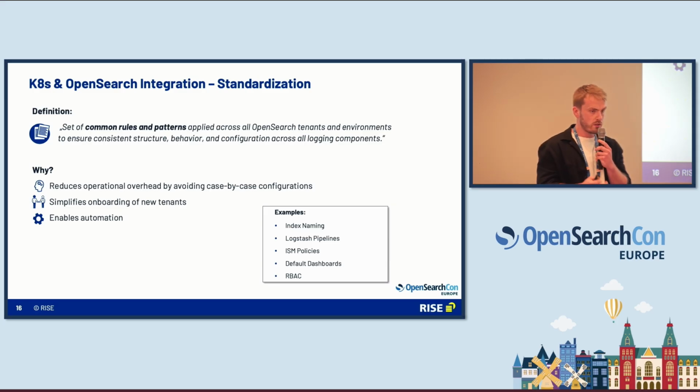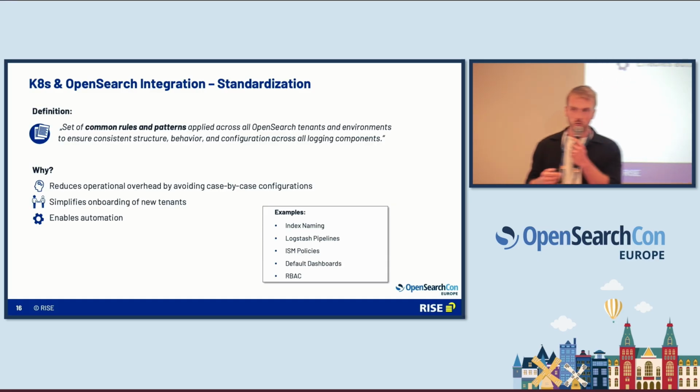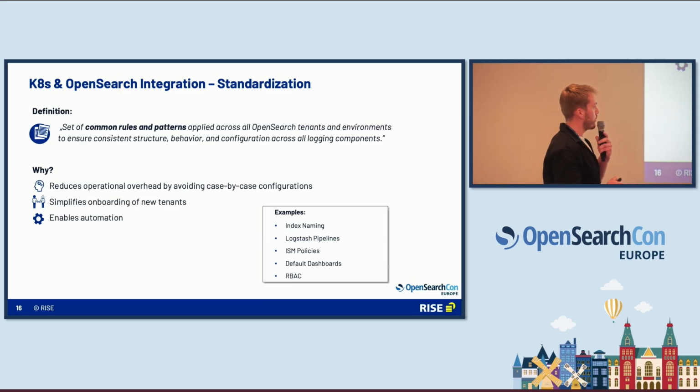When we talk about standardization, we just mean a set of common rules and patterns that is applied across all OpenSearch environments and clusters to ensure a consistent structure, behavior, and configuration across all the logging components. So why are we doing this? First and foremost, as I already mentioned, we want to reduce our operational overhead by avoiding case-by-case configurations.